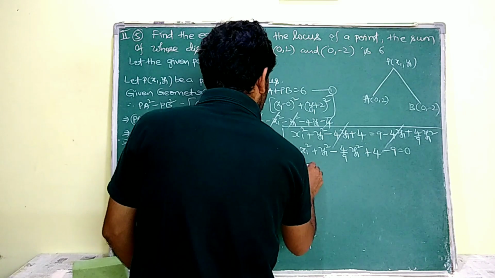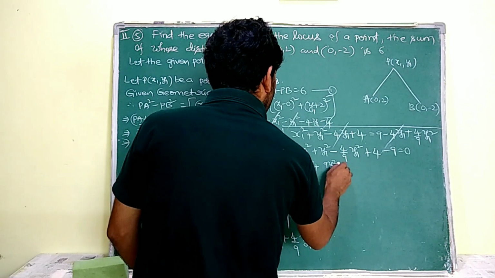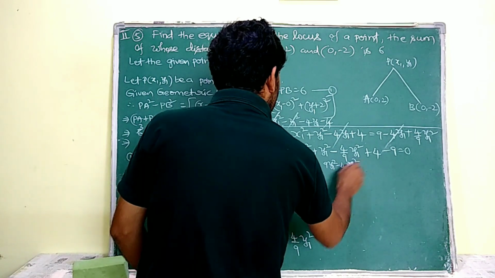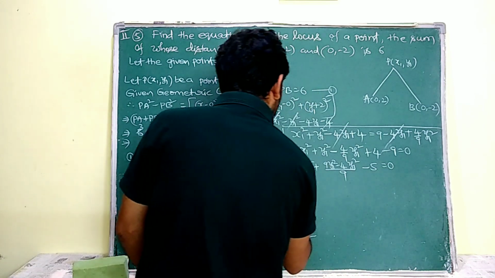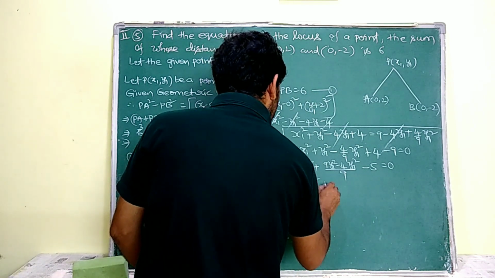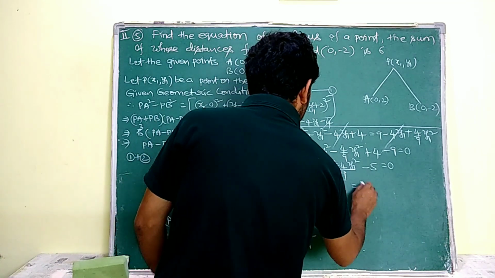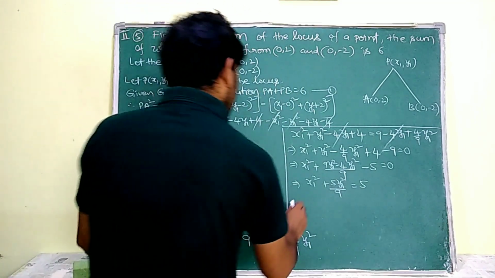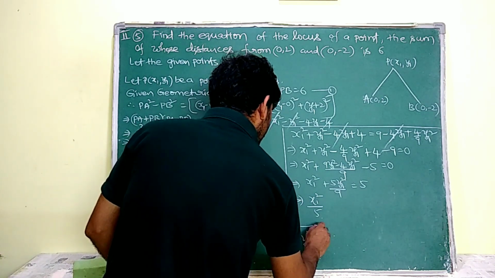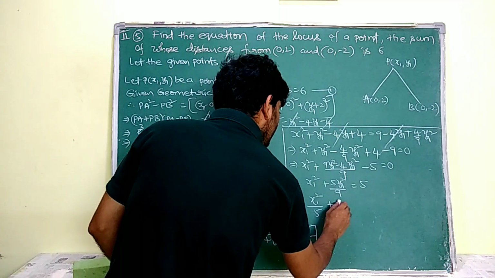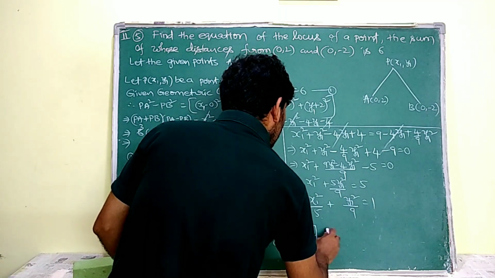Now x1 square plus 9y1 square minus 4y1 square by 9 minus 5 is equal to 0. That implies x1 square plus 5y1 square by 9 is equal to 5. By simplifying this, x1 square by 5 plus y1 square by 9 is equal to 1.